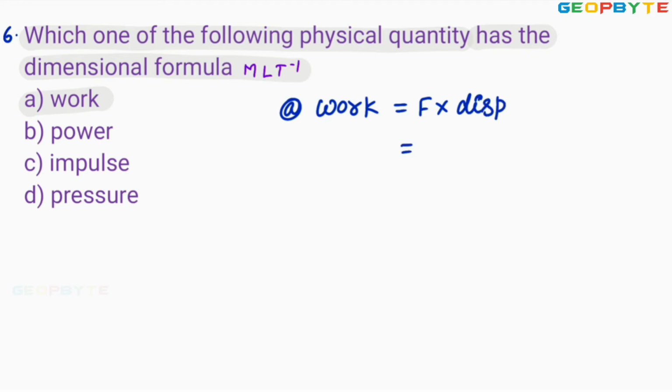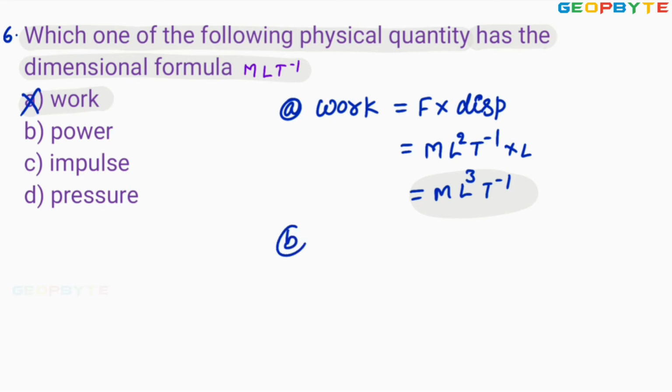So force dimensional formula M L T power minus 2, displacement is L. Dimensional formula M L square T power minus 2. That is the dimensional formula for work. Therefore, the first option is not correct.